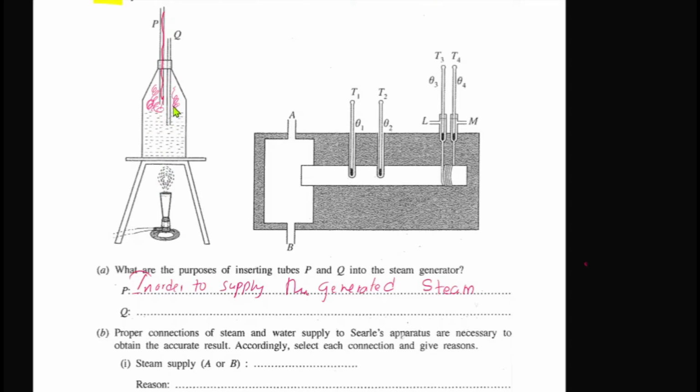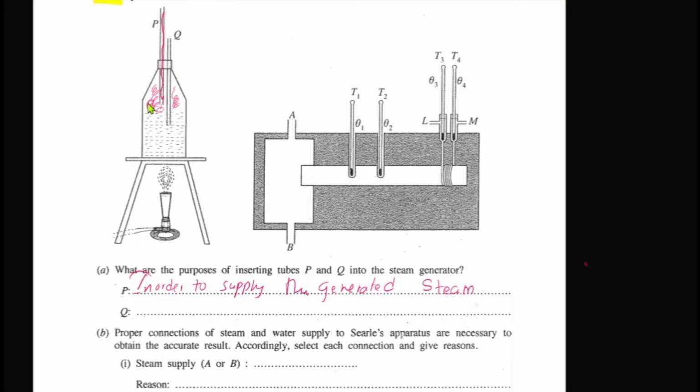So when the steam generation occurs, the pressure inside the steam generator would reach a dangerous level. In order to prevent the pressure from reaching a dangerous level, they have made a hole and exposed the steam generator to the outer atmosphere.